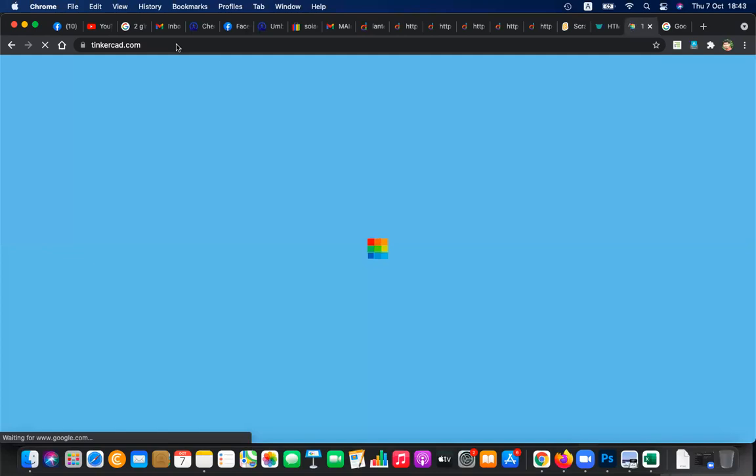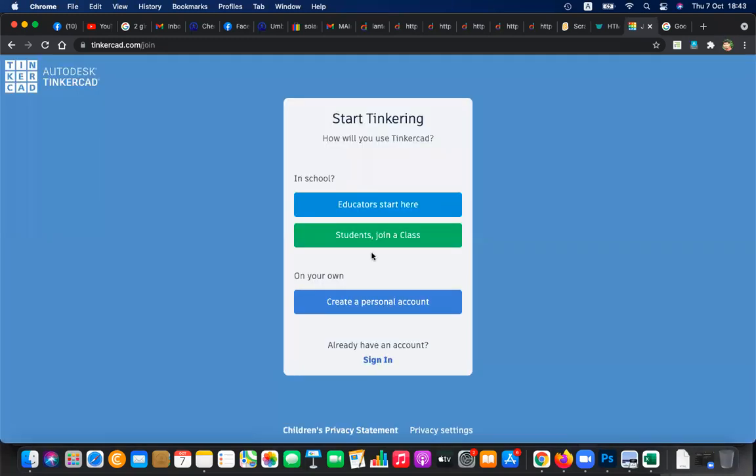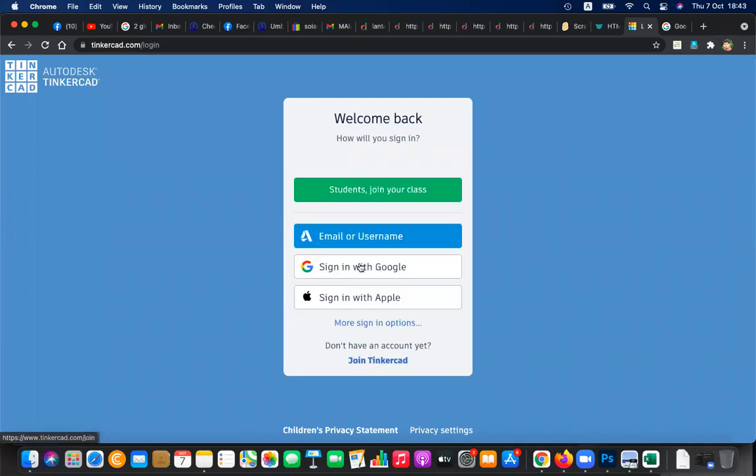Let's say you want to create a circuit, but you don't have any electronic equipment at home, but you love creating circuits. Then you can visit a website like this and sign in using your Google account.